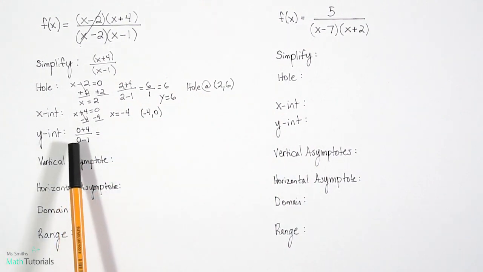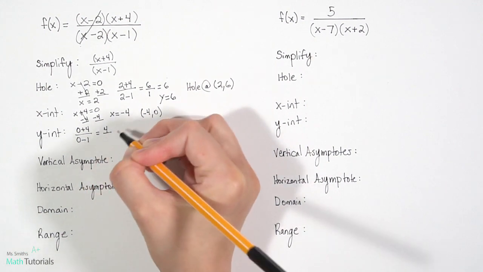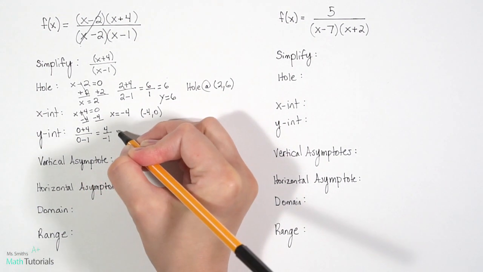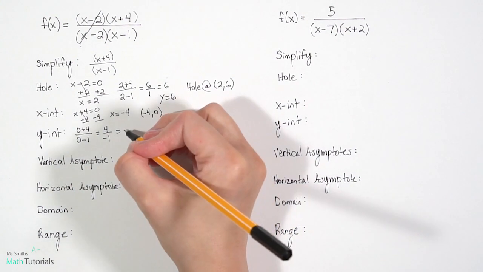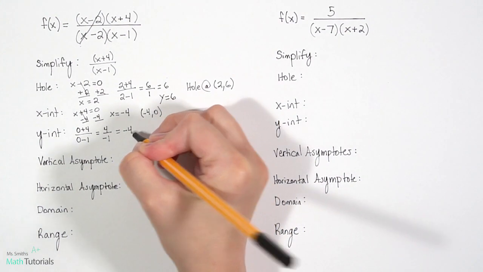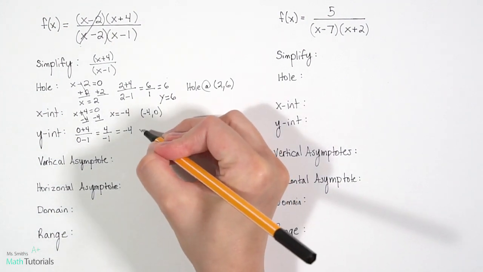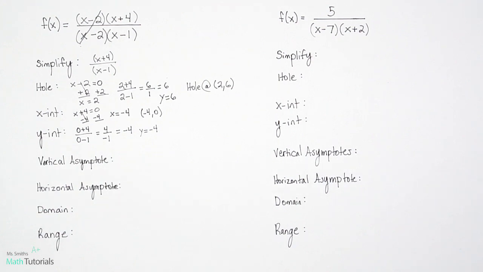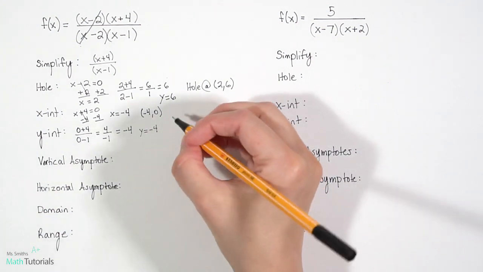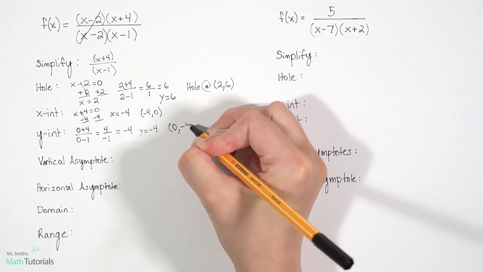So 0 plus 4 is 4. And 0 minus 1 is a negative 1. And we can reduce that. 4 divided by negative 1 is just negative 4. And you could either write that as y equals negative 4, or my preferred way, you could write it as a coordinate point. So we know that the y-intercept falls at 0, comma, negative 4.